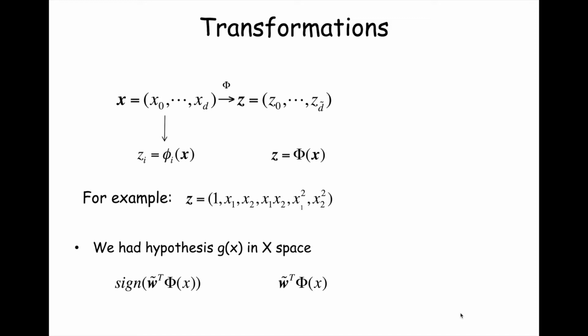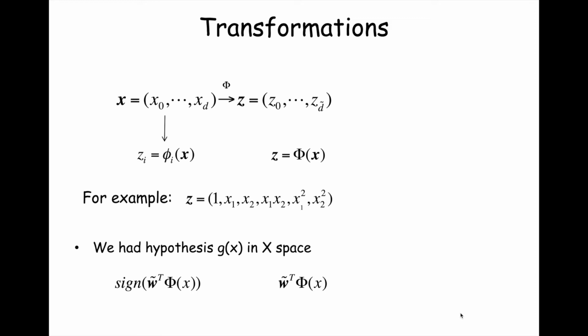Suppose you have an input in 2 dimensions, so you have 2 features, x1 and x2 in your original representation. You augment it with an x naught, and the equivalent result of computing your phi function is to go from that 3-dimensional input representation to a 6-dimensional representation.